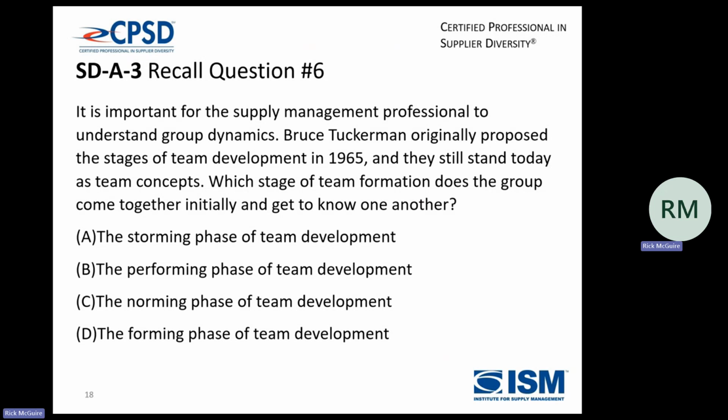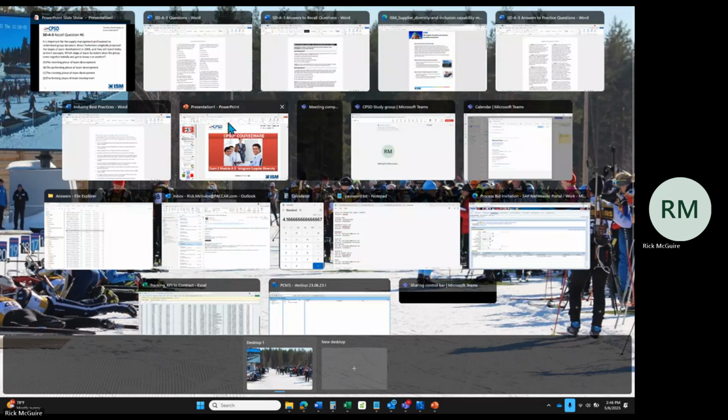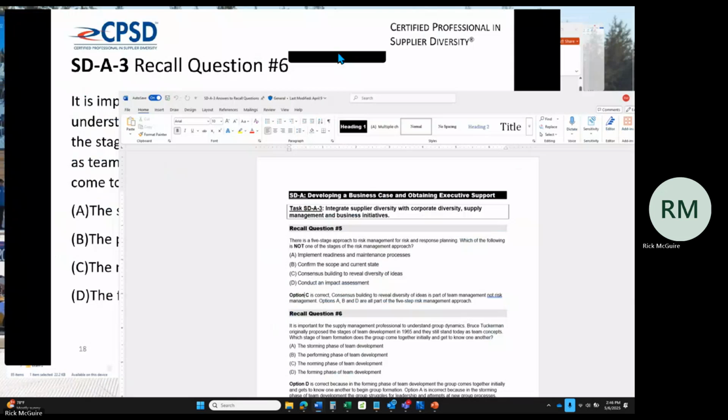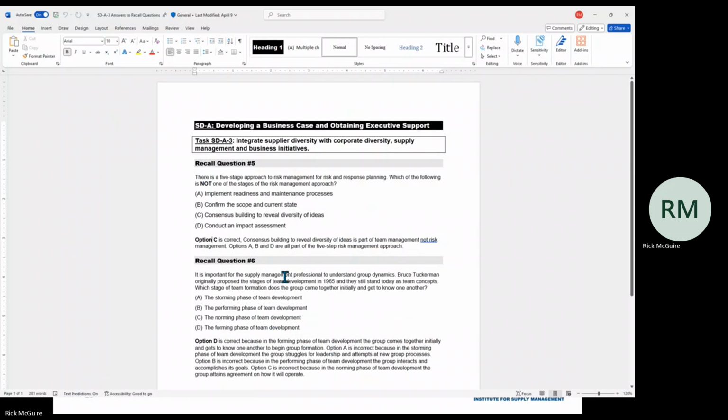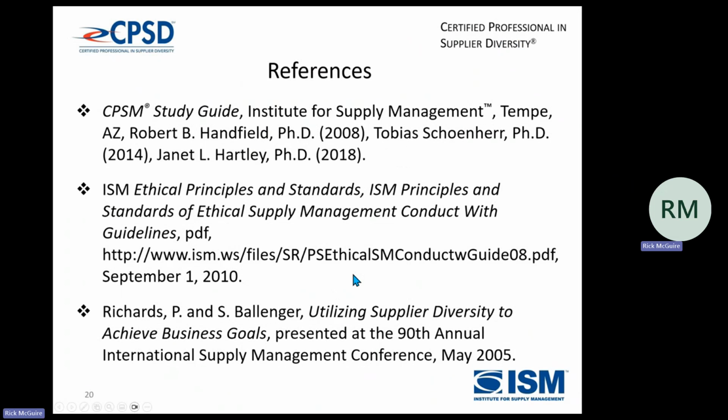Norming is after storming, I'm pretty sure. And the forming phase, that sounds like the first one. D it is. Group comes together initially.